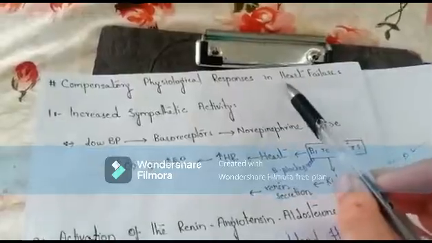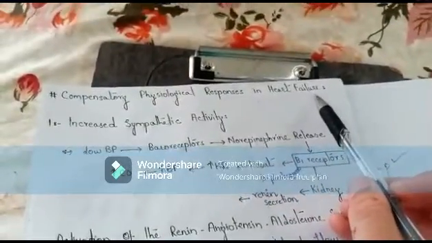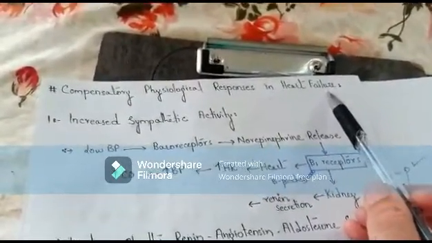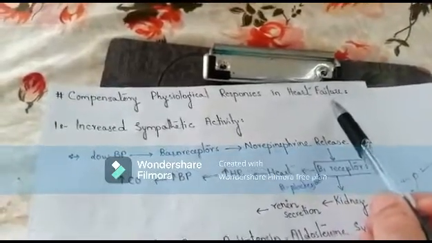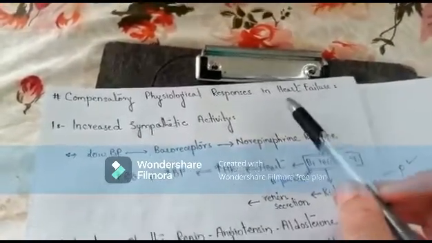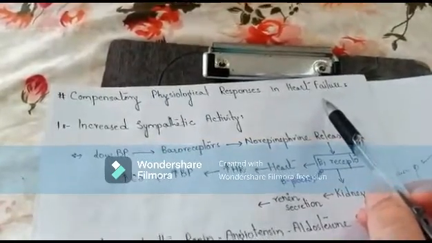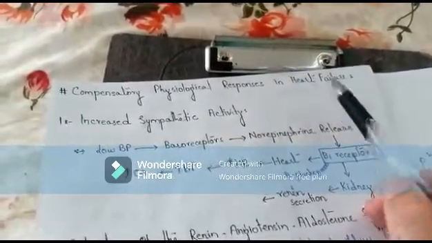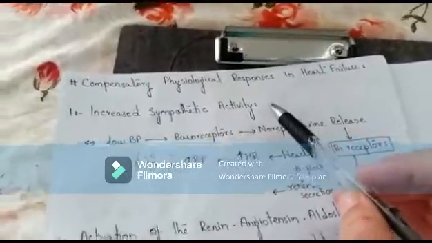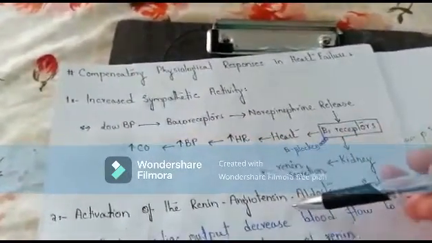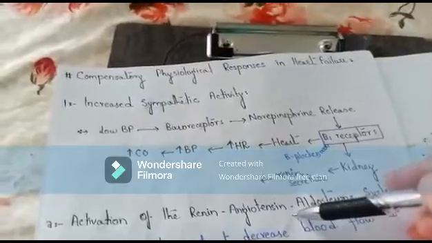Since in heart failure there is a diminished ability of the heart to pump, the cardiac output is reduced. In order to increase the cardiac output, the body will try to compensate, and it will activate two mechanisms: increased sympathetic activity, and activation of the RAS system.